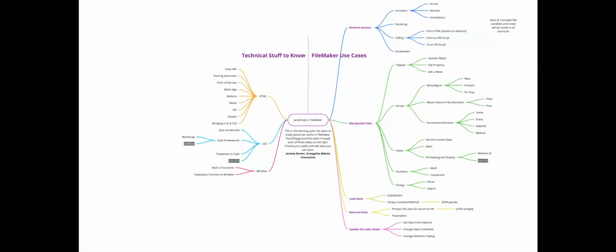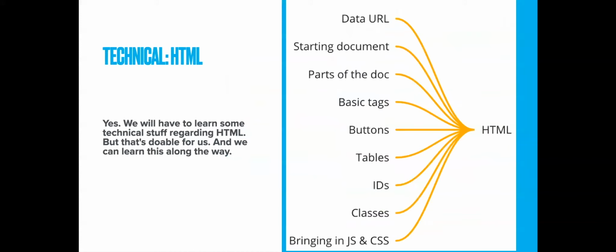Now, we are technical people, and so there is some technical stuff that we will need to know, and this is sort of isolated. It doesn't really have anything to do with FileMaker. It's just the technical side of JavaScript and the web viewer in general. So we do need to know some HTML stuff.